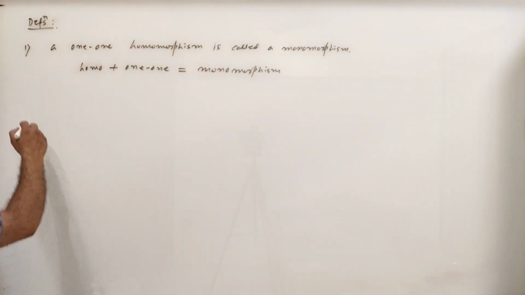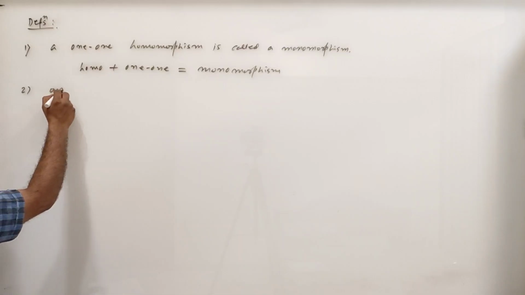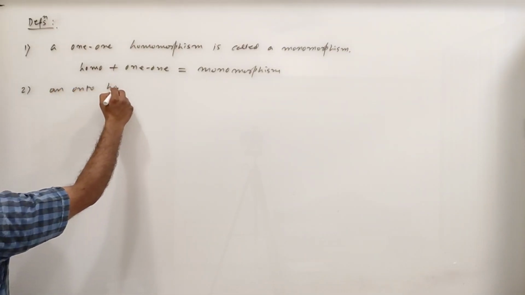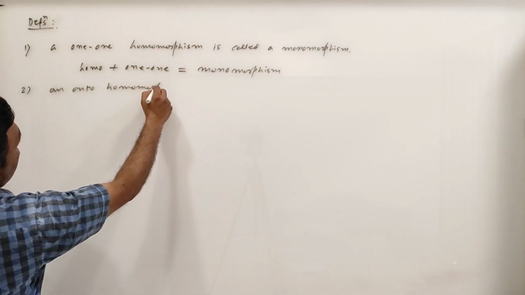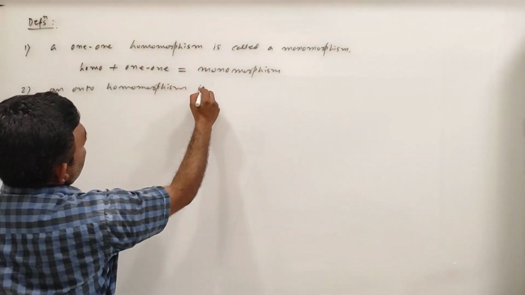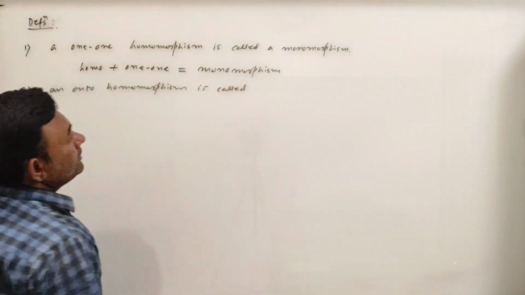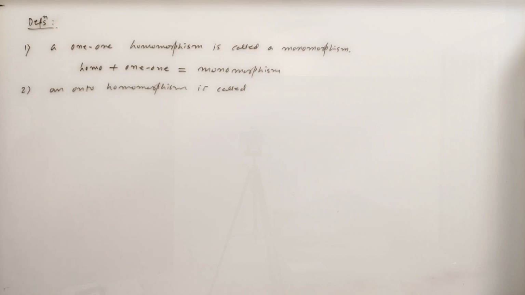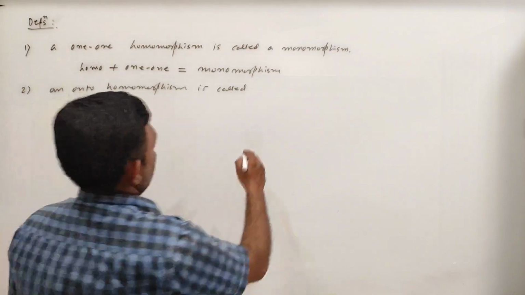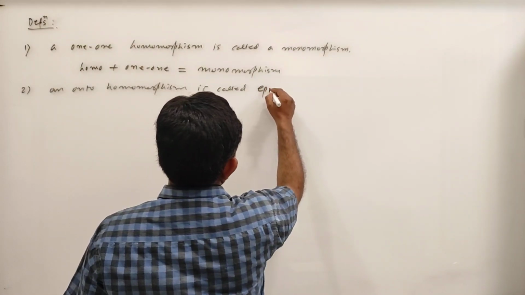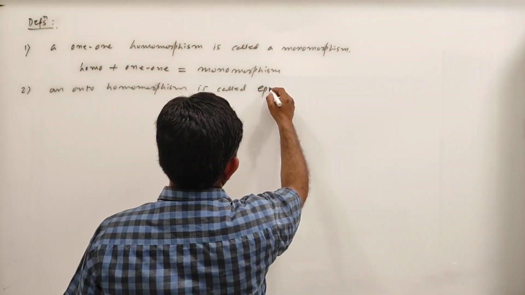Right? Second term, an onto homomorphism is called endomorphism. Sorry, epimorphism, not endo, epimorphism. Endomorphism we will define just now.